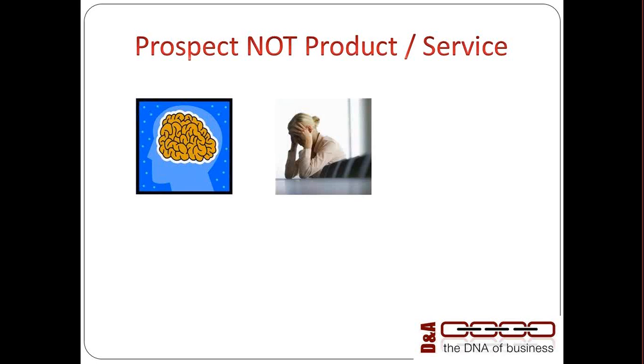What do they go through that you can help them with? What are their typical days like? Understand what a day in your prospect's life is like. And then, of course, there are opportunities that you can present them with as well. So when you're preparing your copy, solve their problem, present them with an opportunity, remove their pain, all those sorts of things.